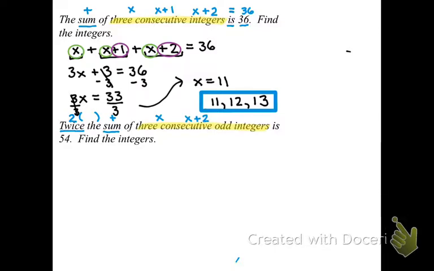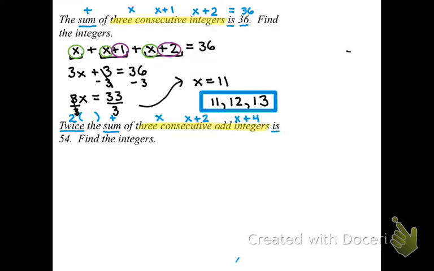So let's think about this. If I'm trying to go from 1 to 3, 1 plus 2 is what gets me to 3. Okay? So thinking again about 1, 3, and 5, in order for me to get from 1 to 5, I have to add 4. So my third consecutive odd integer is going to be written as x plus 4, okay?